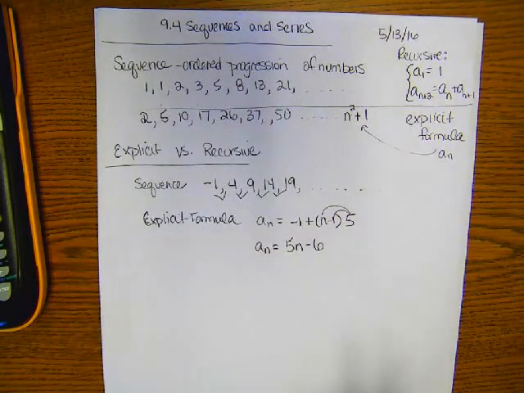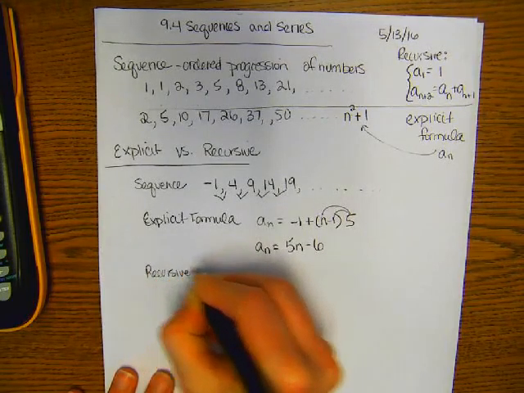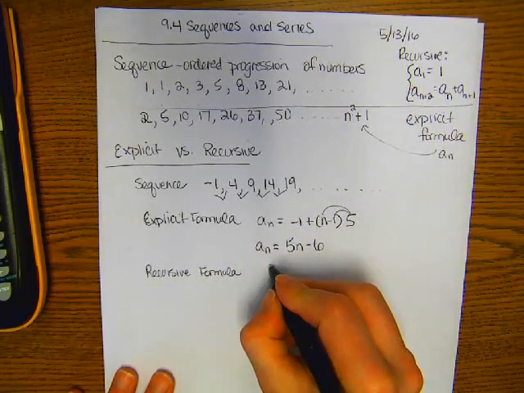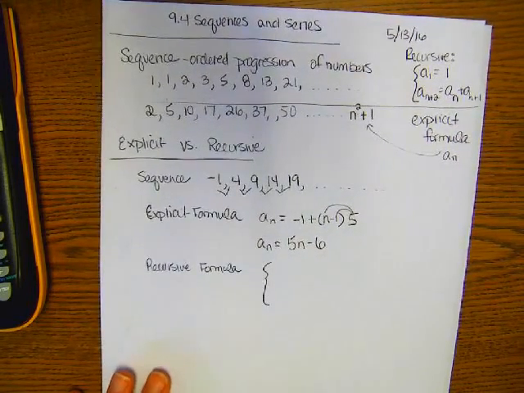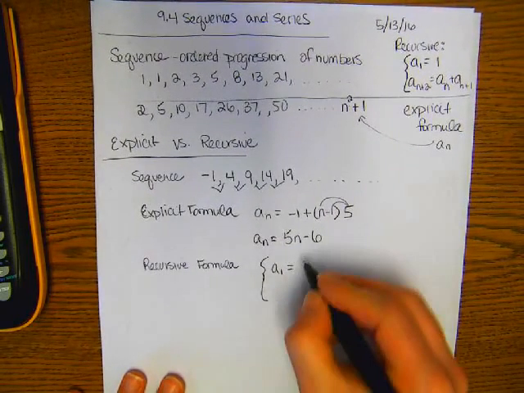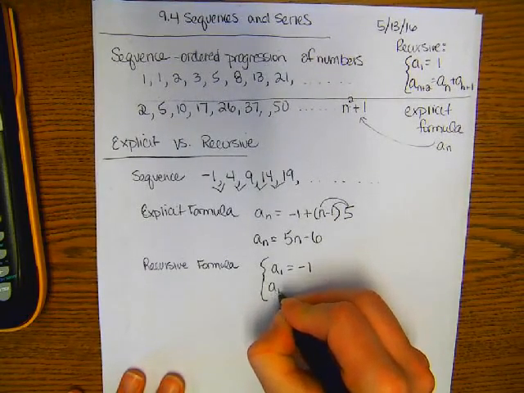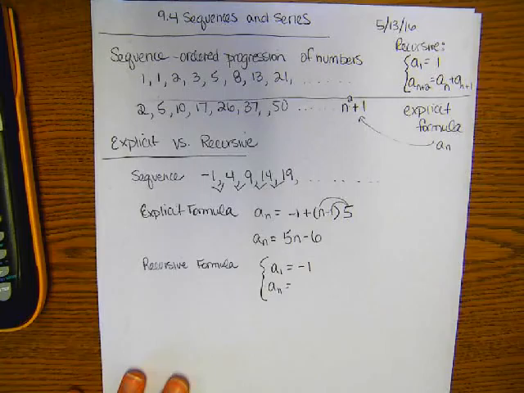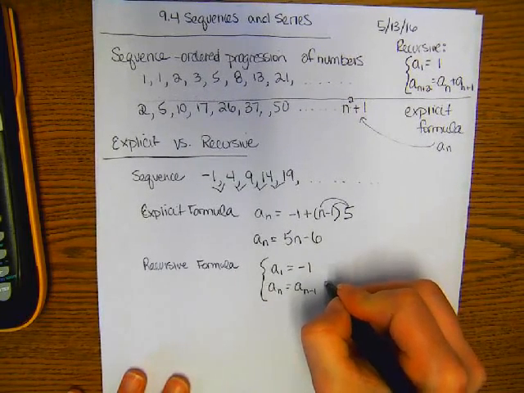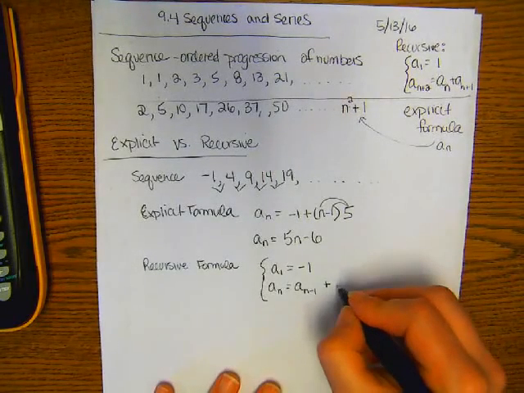Okay. The recursive formula, again, is right on this gold sheet. It always has at least 2 parts. a sub 1 equals the first term, so we would write -1. a sub n equals a sub n minus 1, that just means the previous term, plus, what are we adding each time? 5.